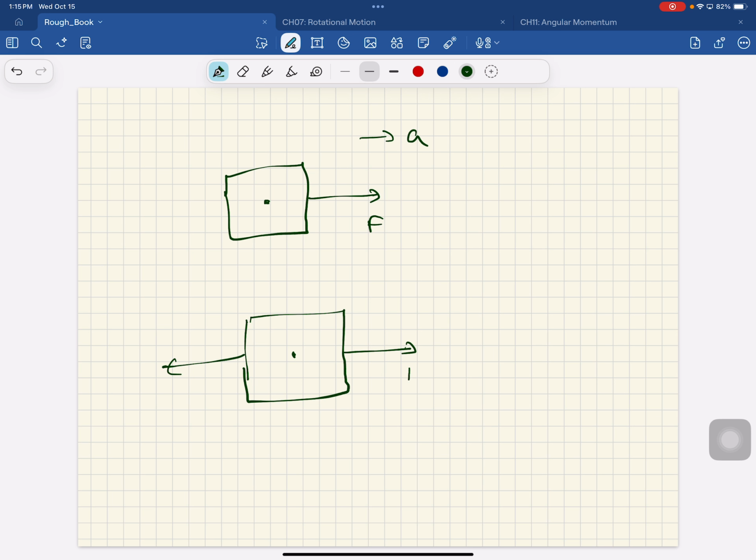Now, acceleration is zero. Those two forces add up to zero. These two forces add up to zero as well. But now the object is spinning. So torque is not zero.